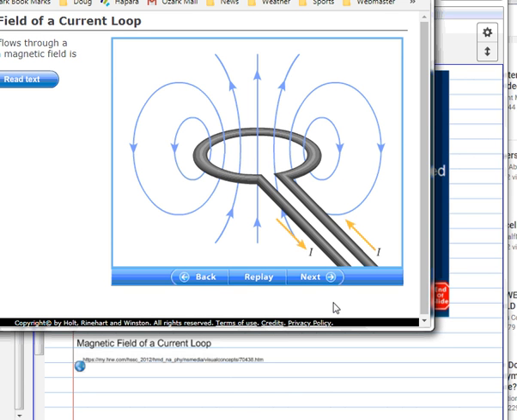So you can do this laborious process of twisting your hand around the loop, but there's a faster way of doing it. Take your right hand again, but this time, since we're using a loop, curl your fingers in the direction of the current. So here's my current, there's my fingers curled in the direction of the current. Guess which way my thumb is going? The direction of the magnetic field.